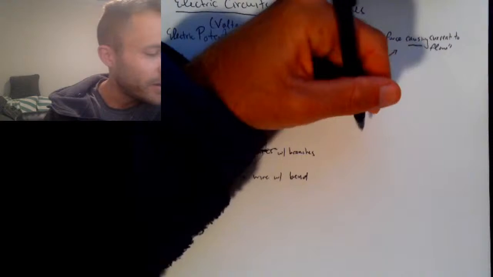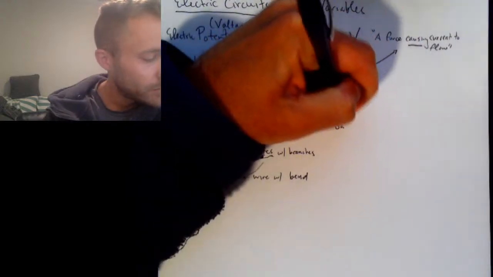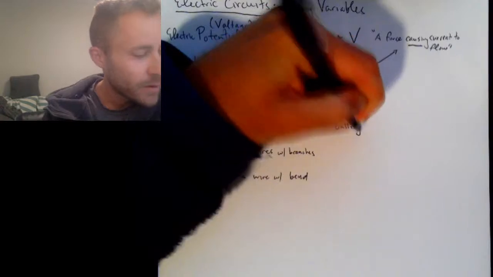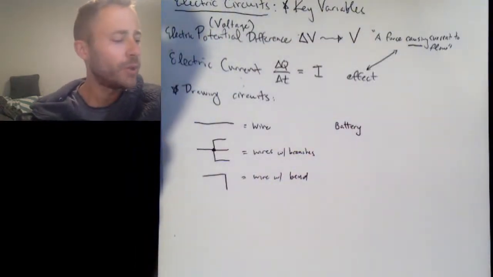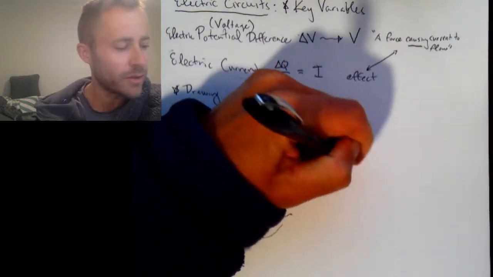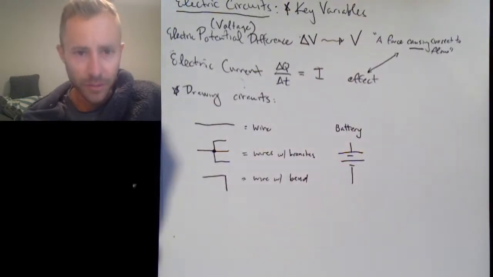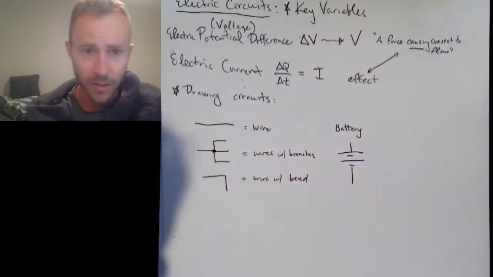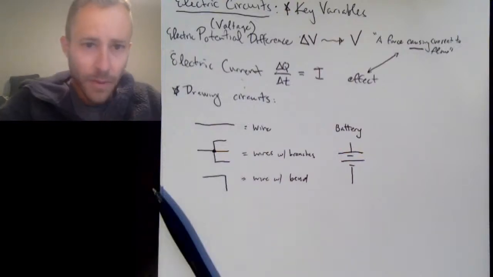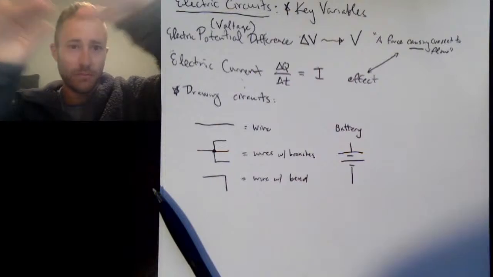There is a battery, which is drawn like this: long line, short line, long line, short line. And the reason that that's a symbol for a battery is that the first batteries were made out of stacks of two different materials.